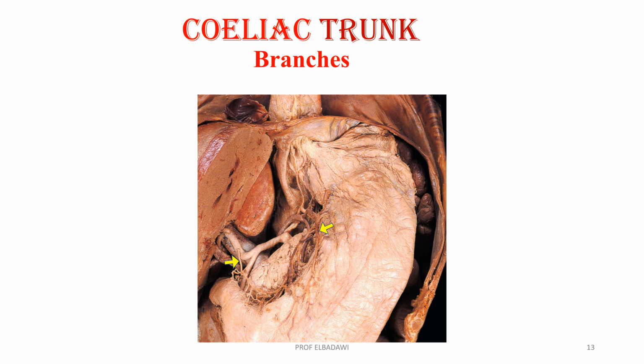Its branches are the right gastric artery, that one which we have seen coming to enter between the two layers of the lesser omentum along the lesser curvature, and then end by anastomosing with the left gastric, supplying both surfaces of the stomach, the anterior and posterior, along the lesser curvature.